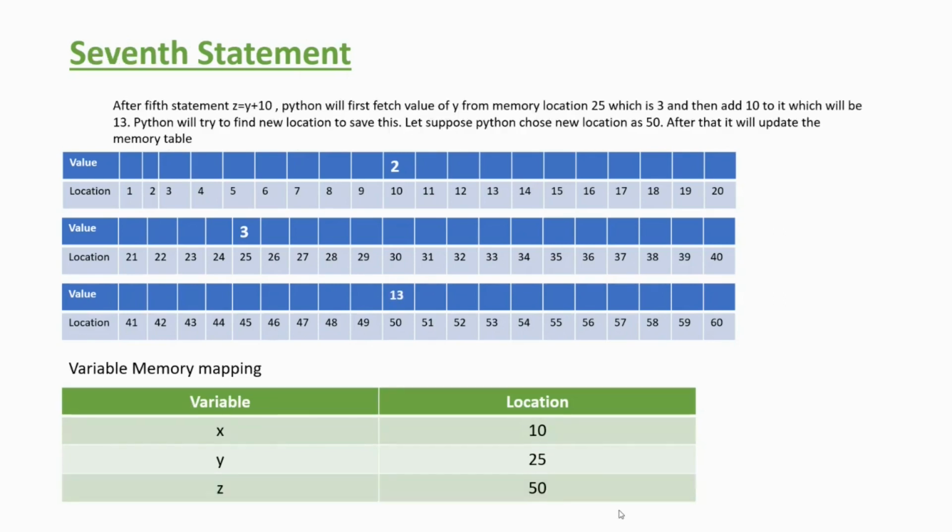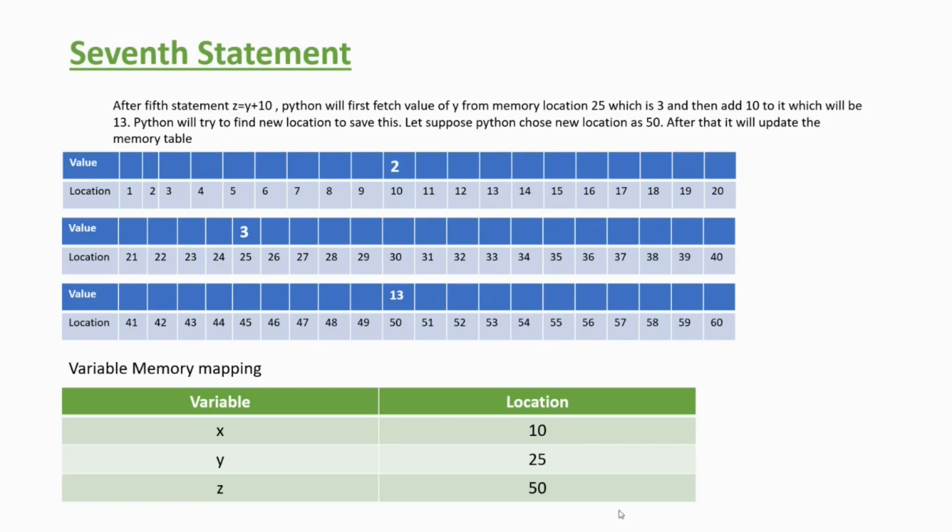Let's run the last statement, which is z equal to y plus 10. First, Python will find the value of y from the table, where it sees that y is stored at location number 25. From memory location 25, it gets the value 3. Then it does the calculation 3 plus 10, and the value becomes 13.